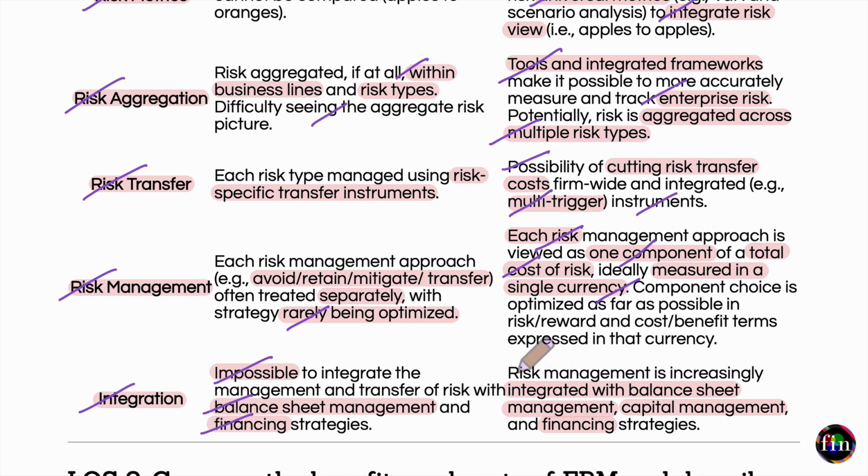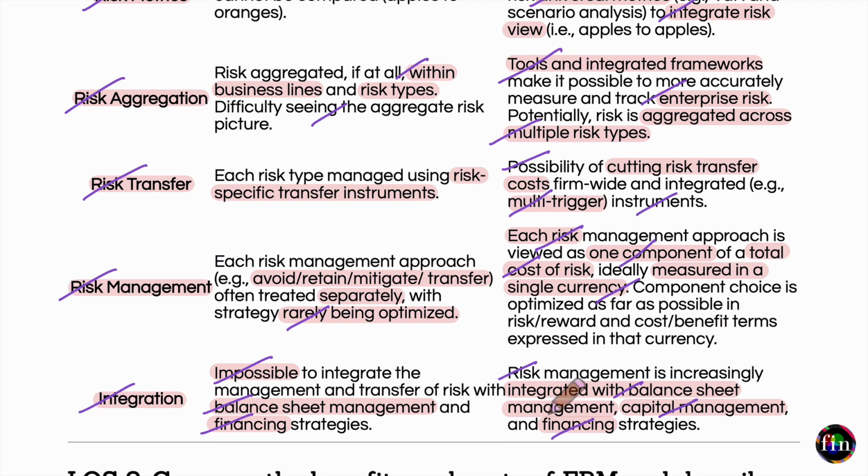On the other hand, when we talk about ERM, risk management done at the enterprise level can be integrated with balance sheet management, with capital management, and with the firm's financing strategies.